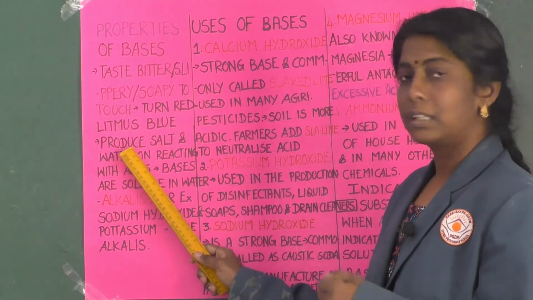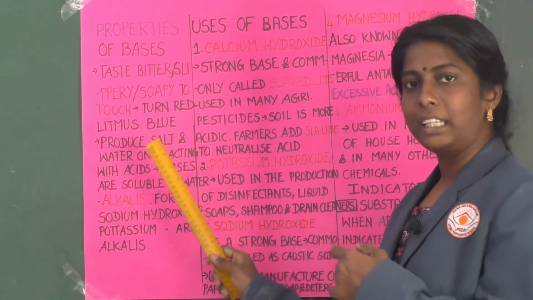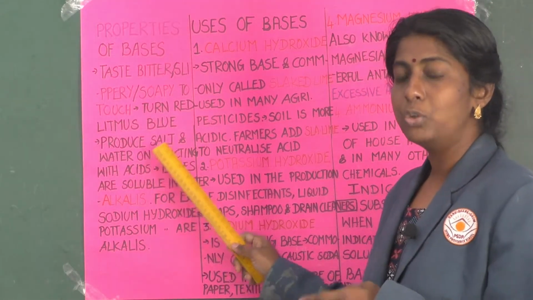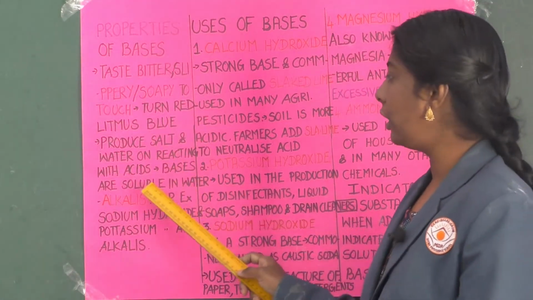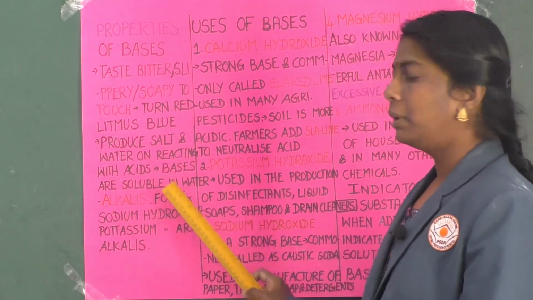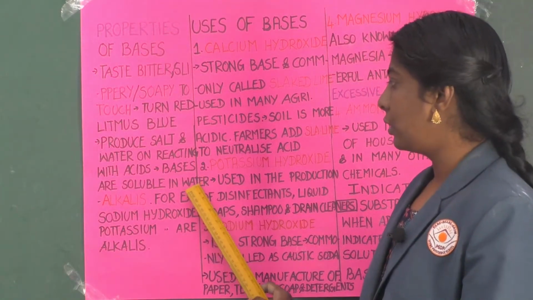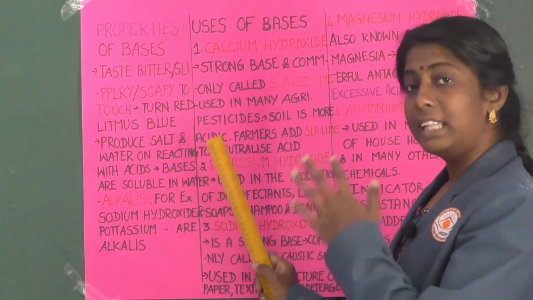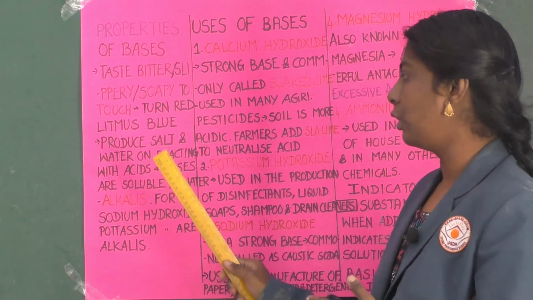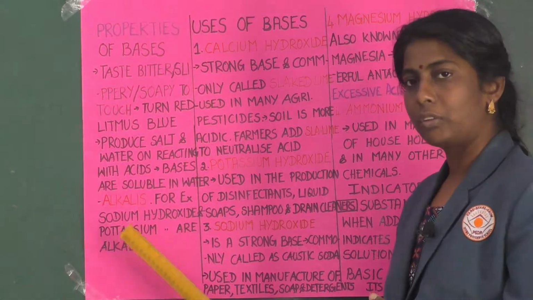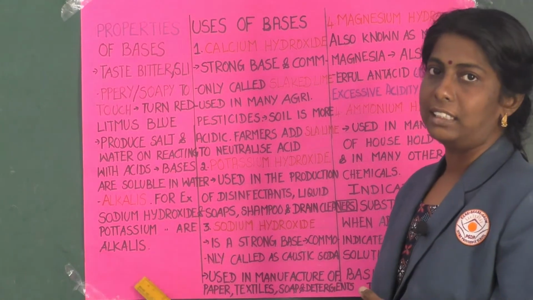Bases produce salt and water when reacting with acids. Bases that are soluble in water are termed alkalis. For example, sodium hydroxide and potassium hydroxide are termed alkalis.